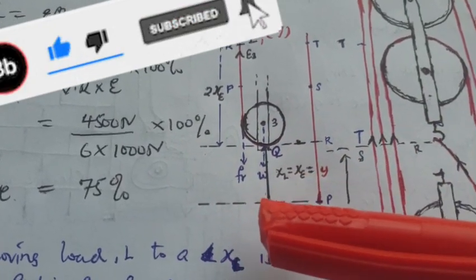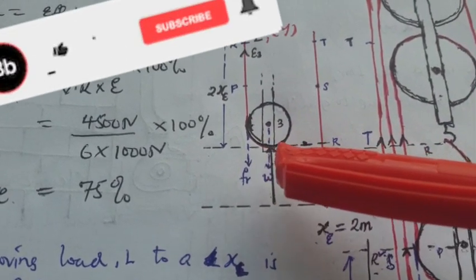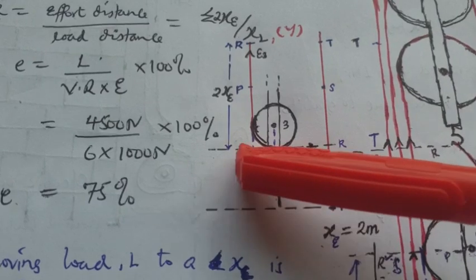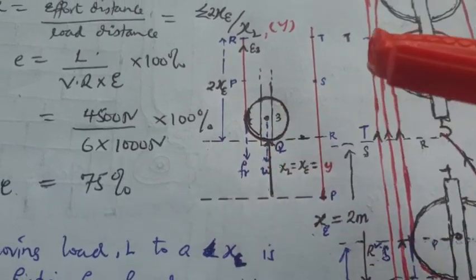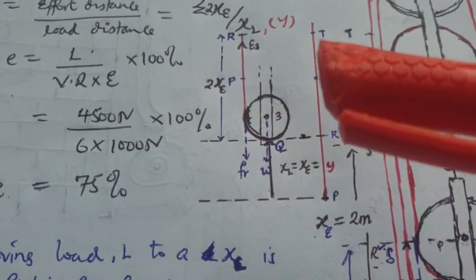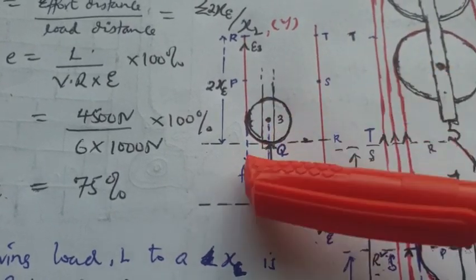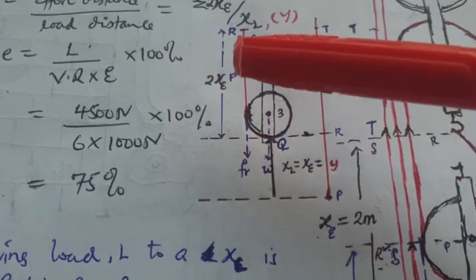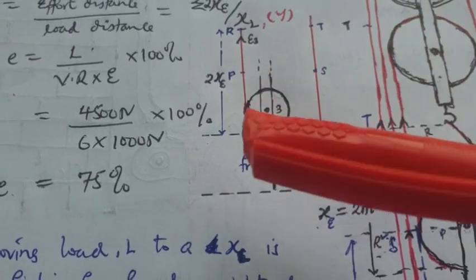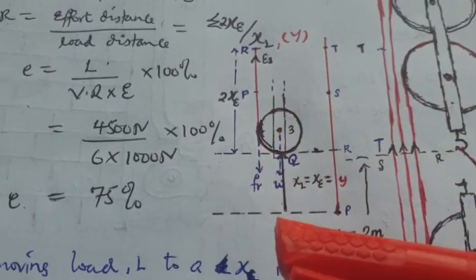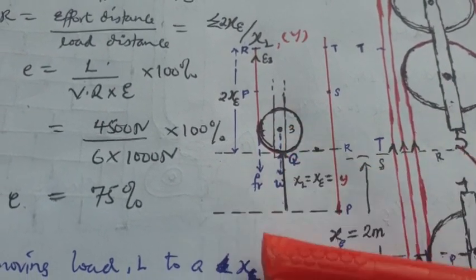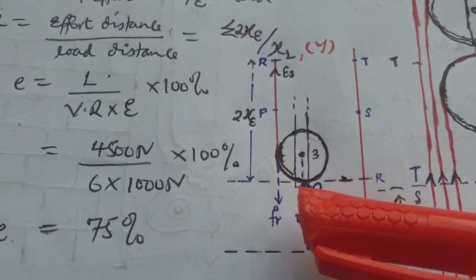Now we assume our reference for positions is the tangent of the pulley, and we may also assume this position is at the center of the pulley. That's your wish. Whether you put it at the center or at the tangent of the pulley, the result will be the very same.